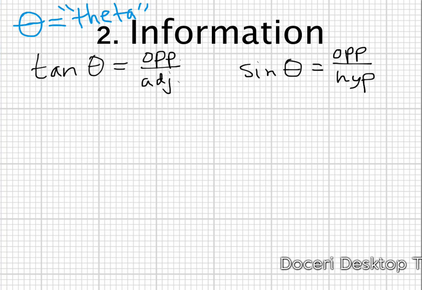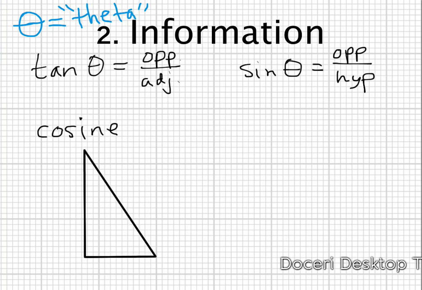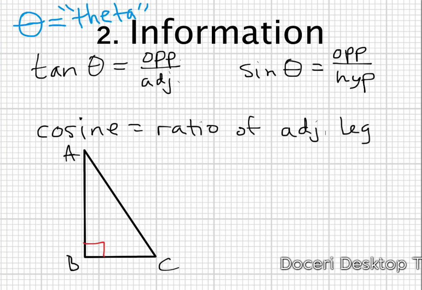And the last one is what we call cosine. Okay? So here's our right triangle again. A, B, C. Okay? Now cosine is the ratio of the adjacent leg to the hypotenuse.